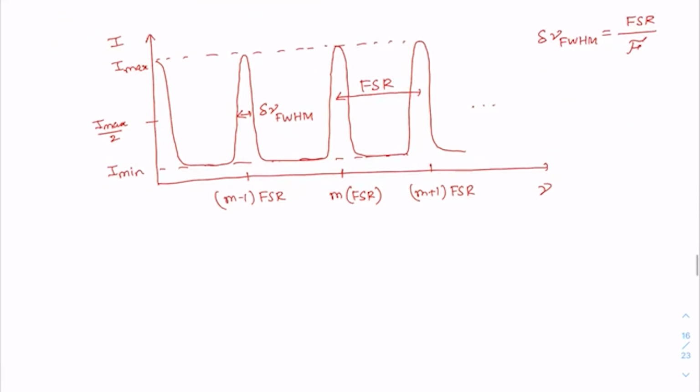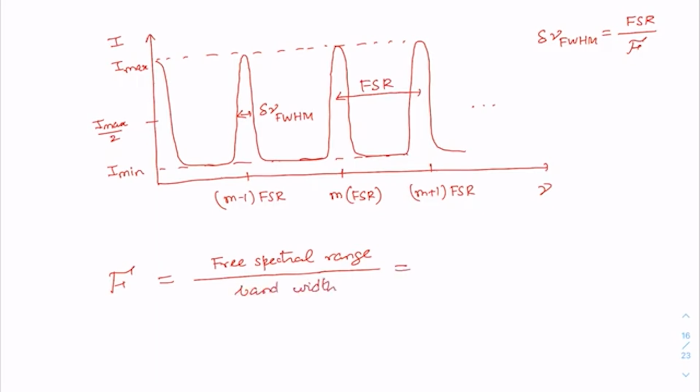So the finesse of the cavity is a very important quantity, and it is defined as the ratio between the free spectral range divided by the bandwidth.